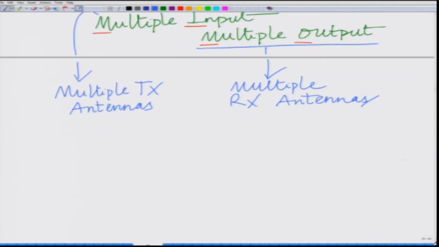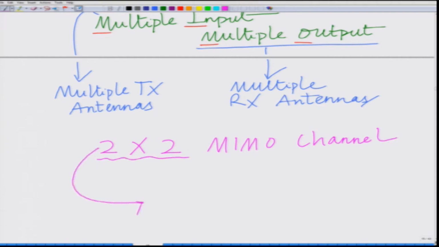In this example we are going to consider a 2 cross 2 MIMO channel, or a 2 cross 2 MIMO system. Remember, this 2 cross 2 is the size of the MIMO channel matrix.